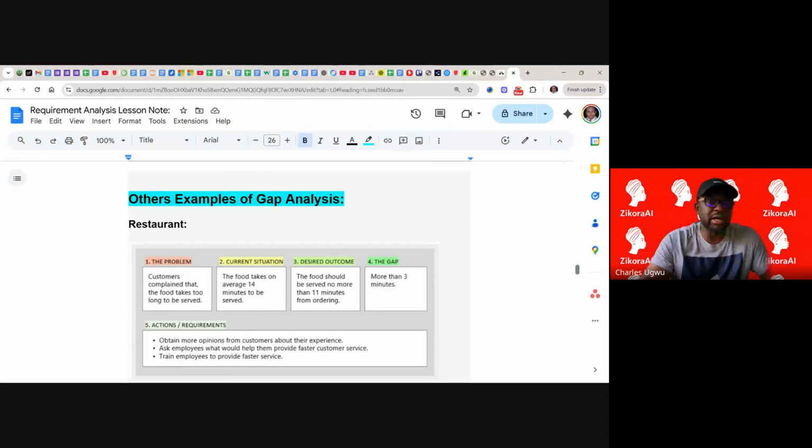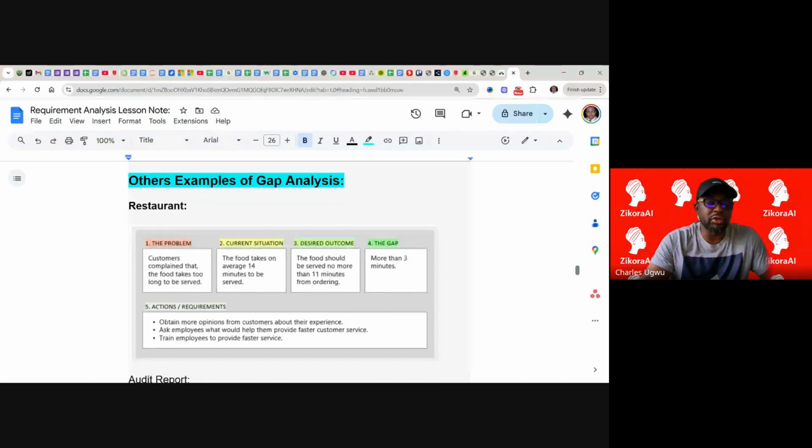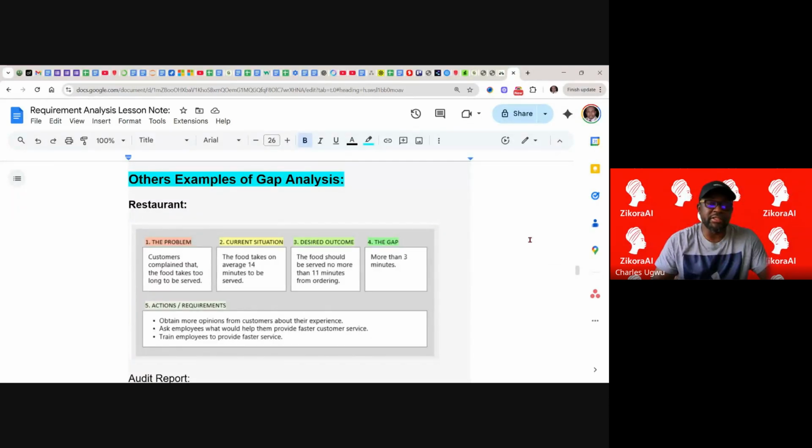In that particular situation, there is a challenge. The challenge is taking long to serve food. It takes longer than required.